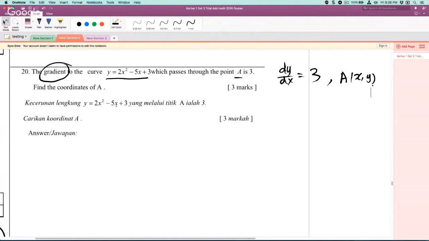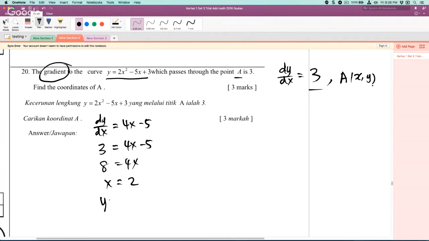Since it's dy/dx, I will do dy/dx first. So my dy/dx basically equals 4x minus 5. The question tells me dy/dx is equal to 3, so I substitute the 3 into the dy/dx here. So 8 equals 4x, x equals 2. Now with x equals 2, I can get y by substituting back into my equation: 2 squared minus 5 times 2 plus 3.